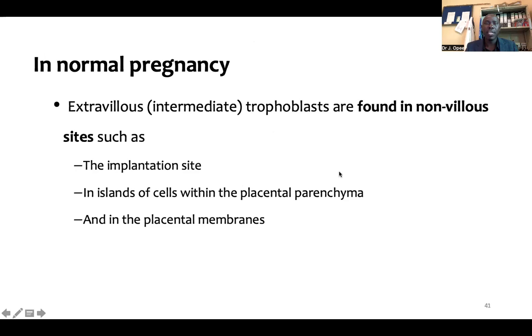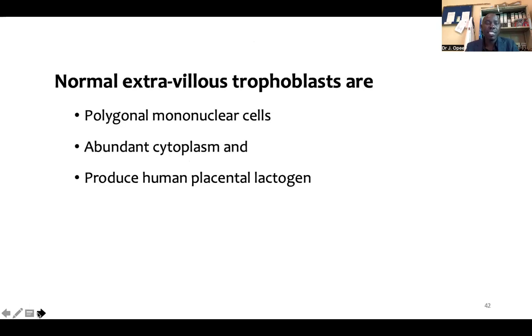So in normal pregnancy, the trophoblasts are normally found in non-villous sites, such as the implantation sites, islands of cells within the placental parenchyma, and even in the placental membranes. But in the case of placenta-site trophoblastic tumors, the intermediate trophoblasts can actually proliferate and cause what we call the placenta-site trophoblastic tumor.